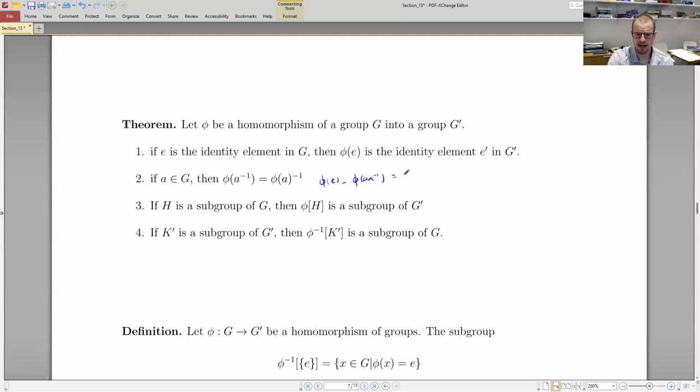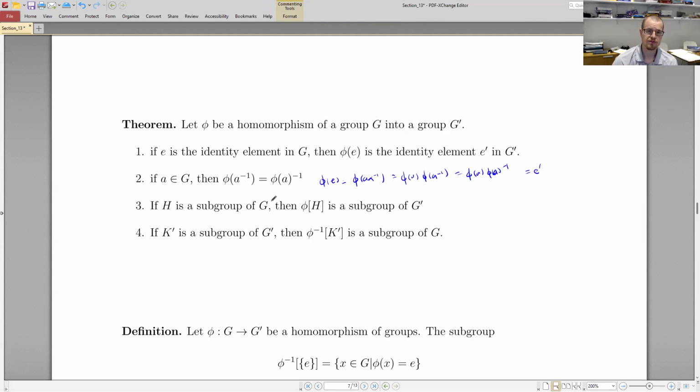But in order for that to happen, then I need the image of A and the image of A inverse to be inverses of one another. Therefore, we must have that this is phi of A times phi of A inverse, because I need it to be equal to E prime, the identity in G prime.